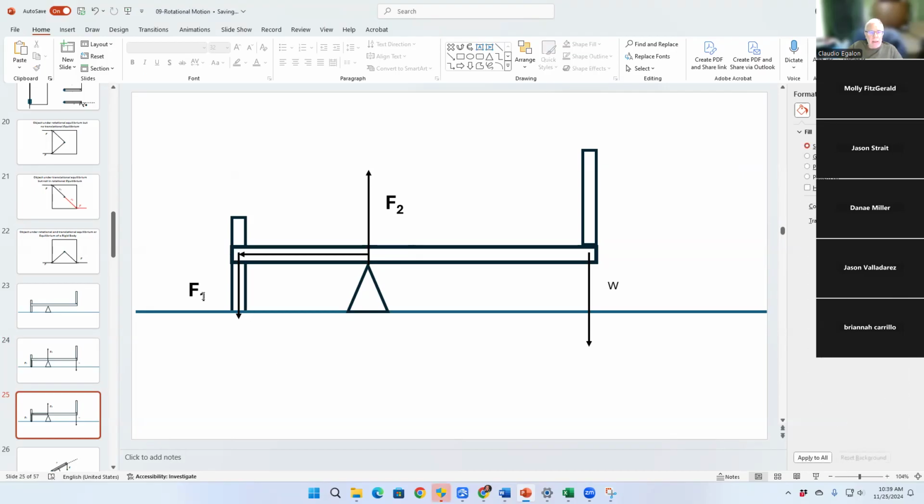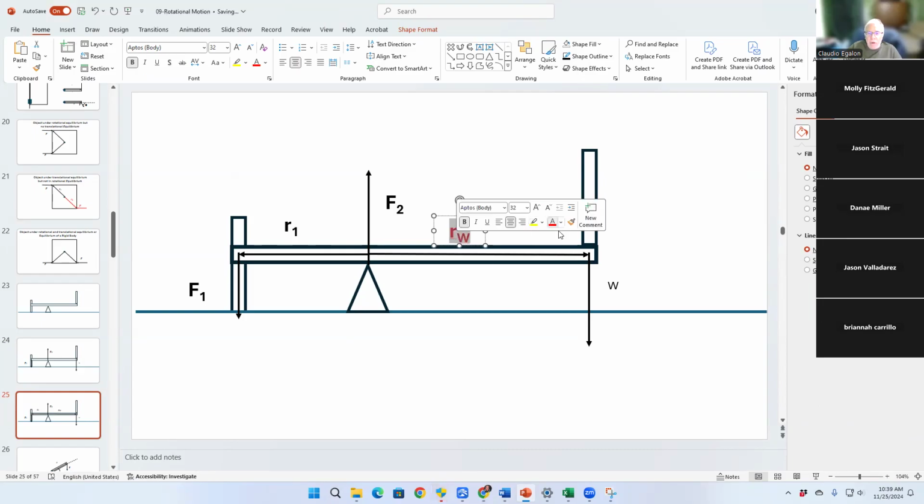I'll call that R1. And the other one is the vector position of the point of application of the other force. I'll call that RW, to remain consistent with the notation.